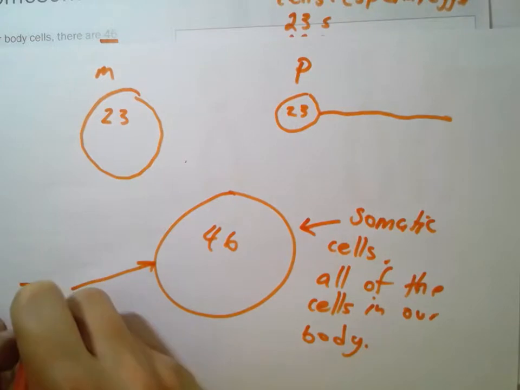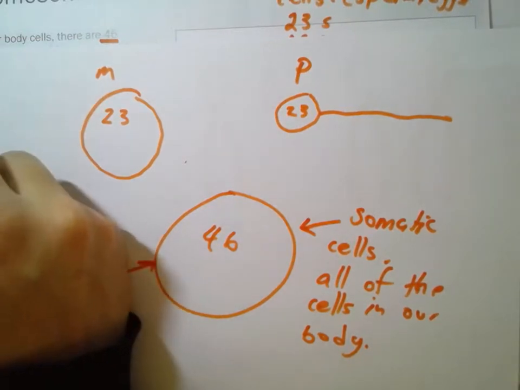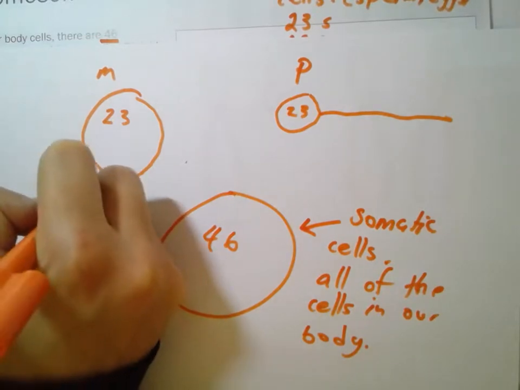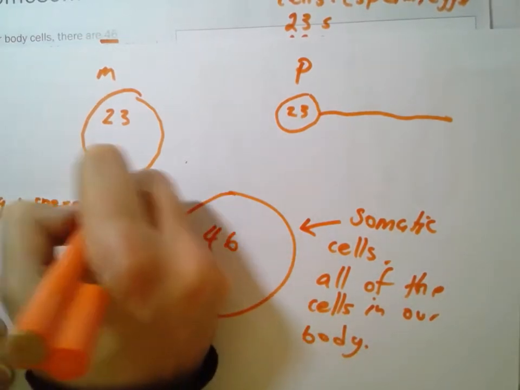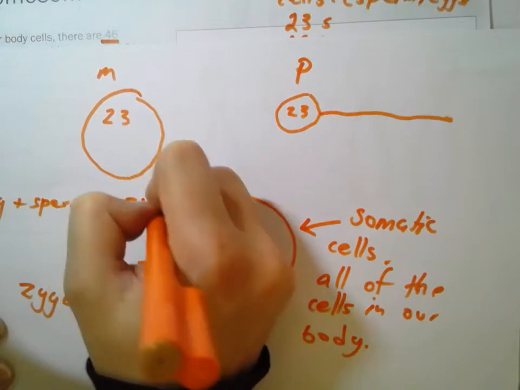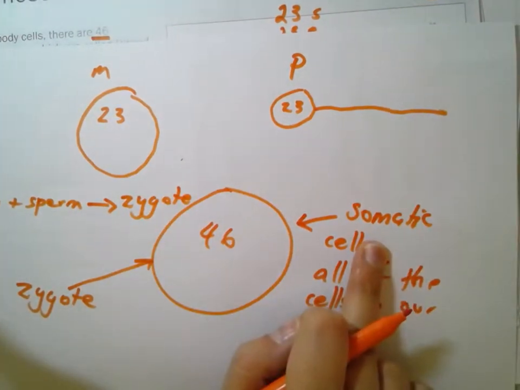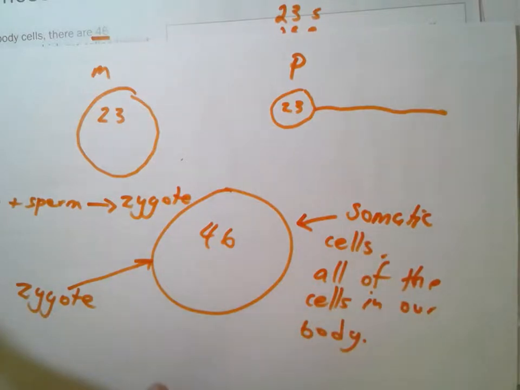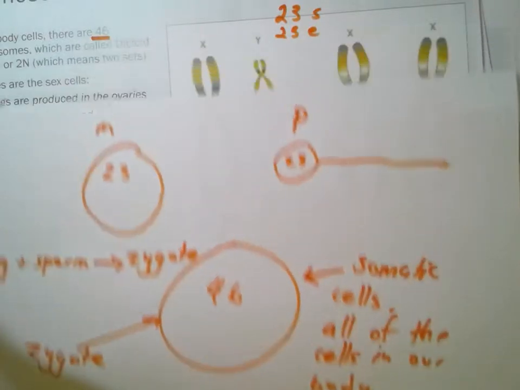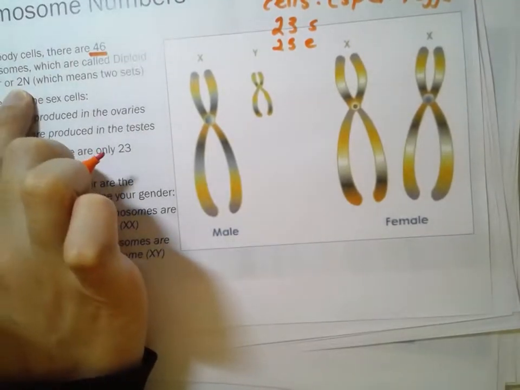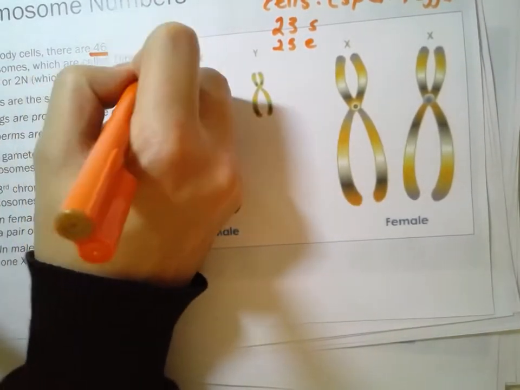Okay. So egg plus sperm, and all the information inside that equals a zygote. And then the zygote forms all the somatic cells through processes called cell specialization and cell differentiation.